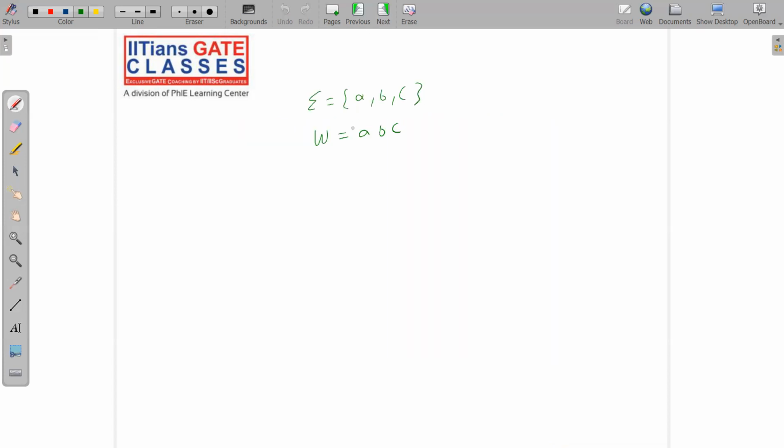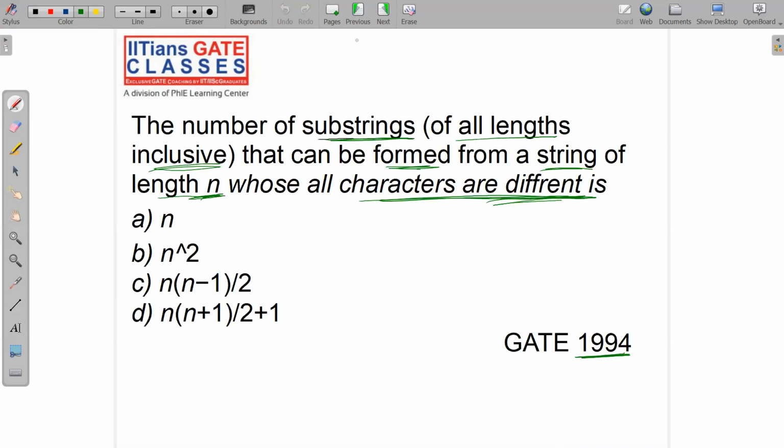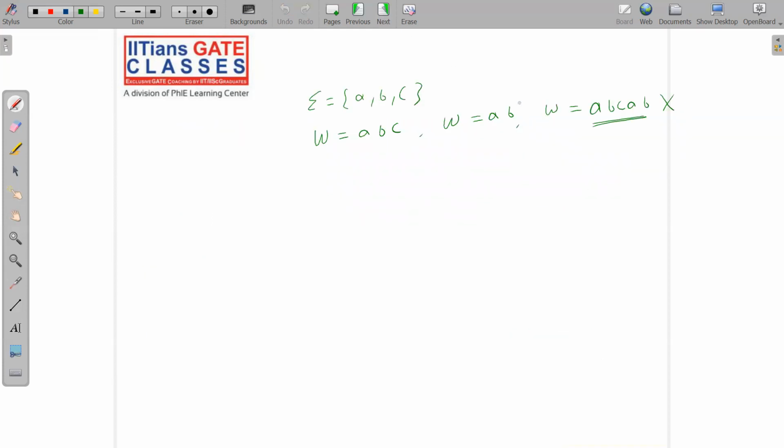We cannot repeat any character, so we can take w as ABC, or w as AB. But can we take w as ABCAB? No, because all characters must be different. So we cannot take this example. Let's take this example first.